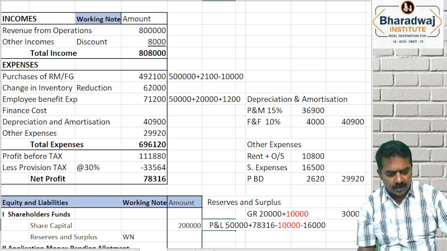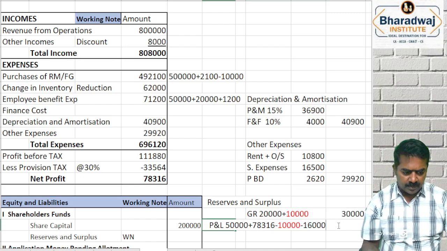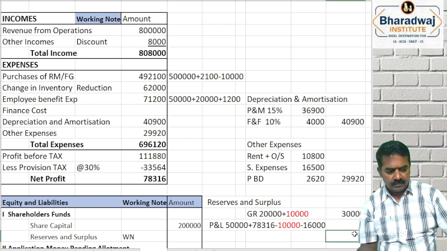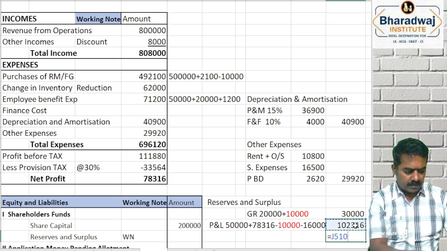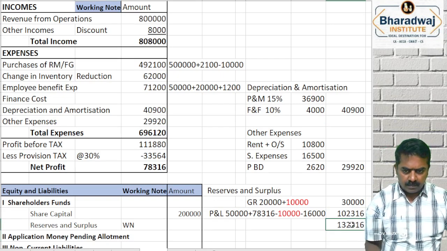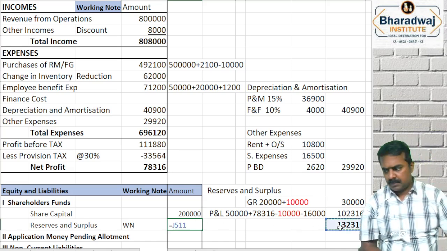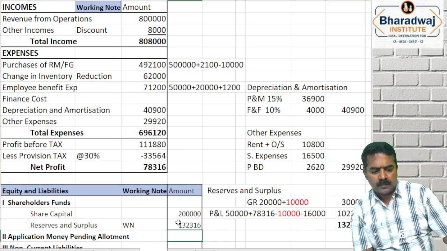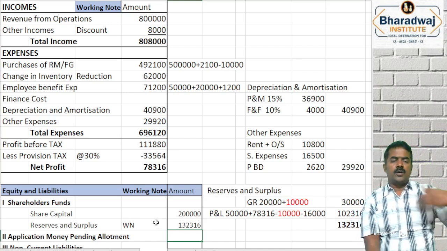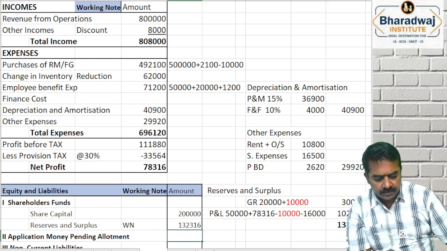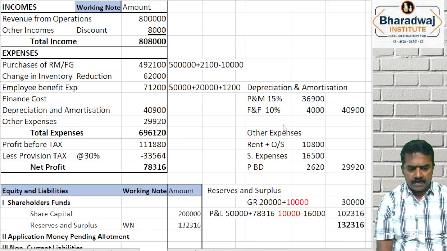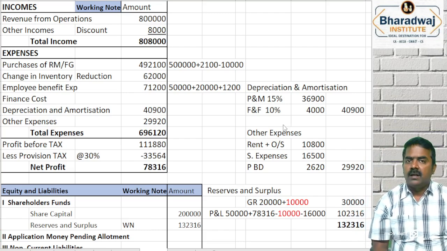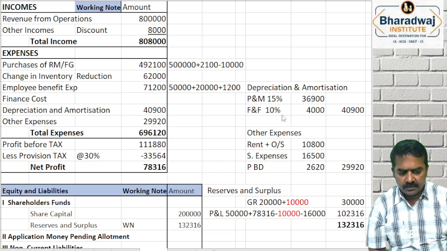When writing in the exam, write it properly. For classroom purpose it is okay. Try to complete the other parts of balance sheet. Please try to complete the other parts in the balance sheet.